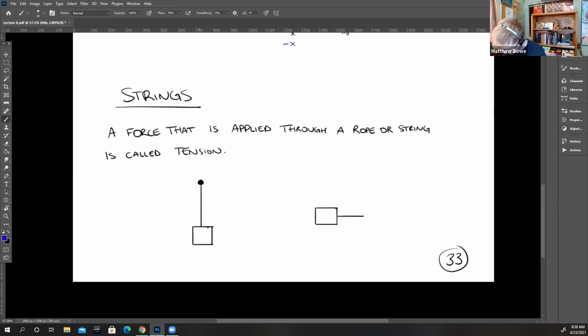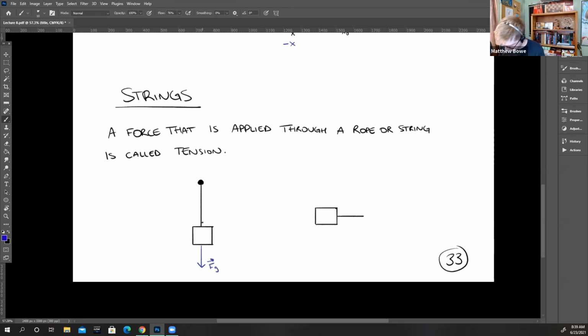So in this case, let's draw all of the forces. First off, this block is just hanging here and it's not moving. So not moving means there's this force of gravity trying to pull it downward. And then there is this force upward counteracting this force of gravity.